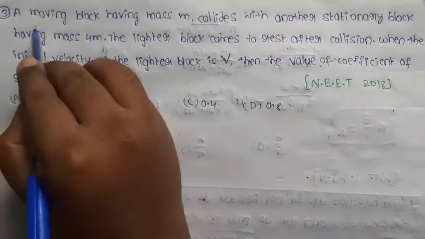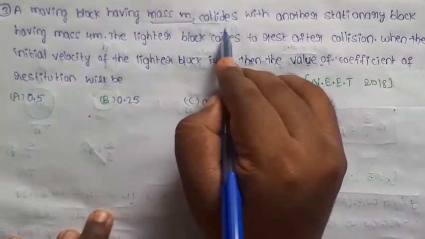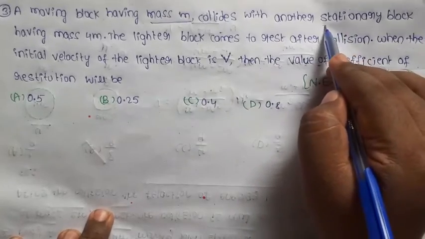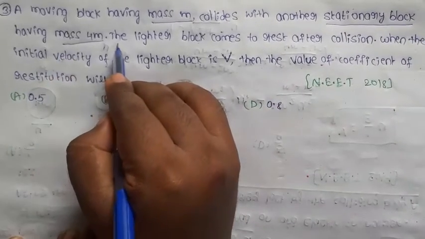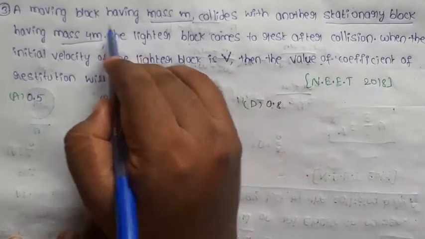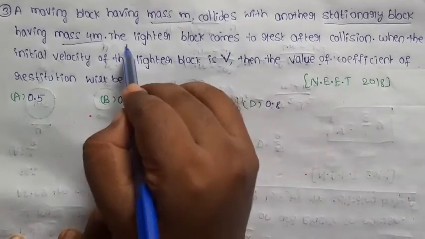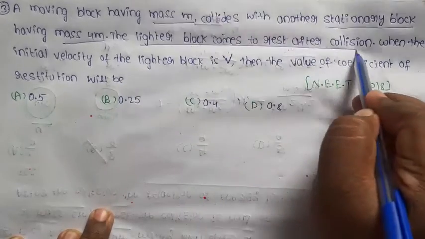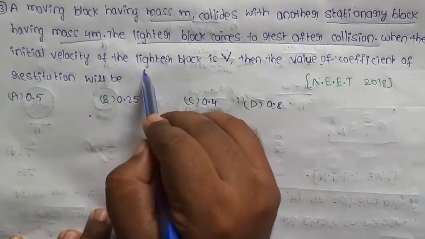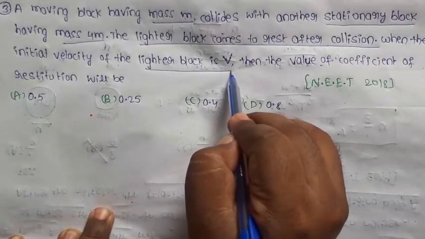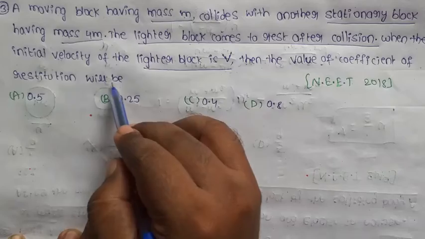Next question. A moving block having mass m collides with another stationary block of mass 4m. The lighter block, of mass m, comes to rest after the collision. When the initial velocity of the lighter block is u, what is the coefficient of restitution?